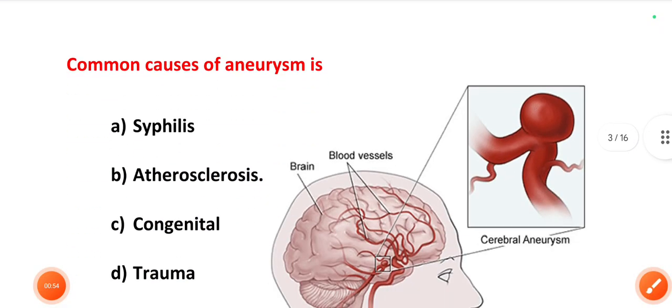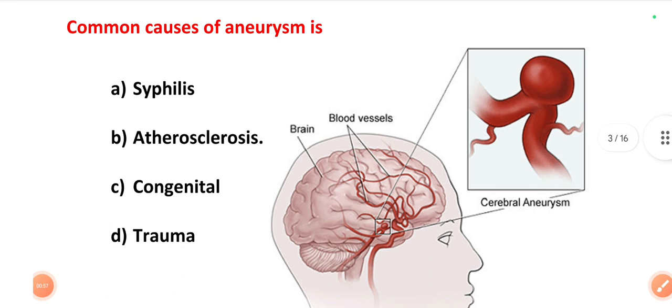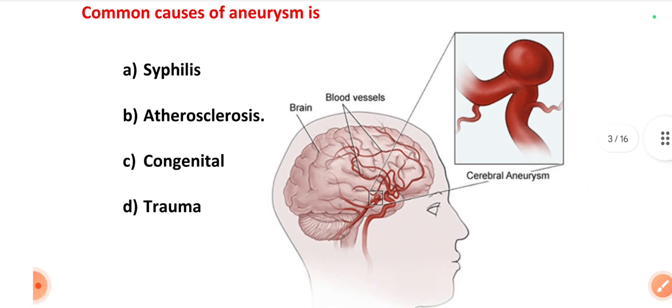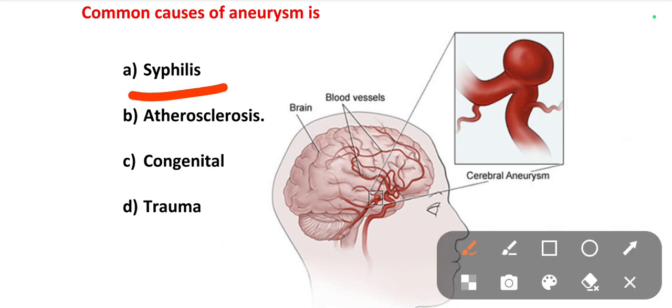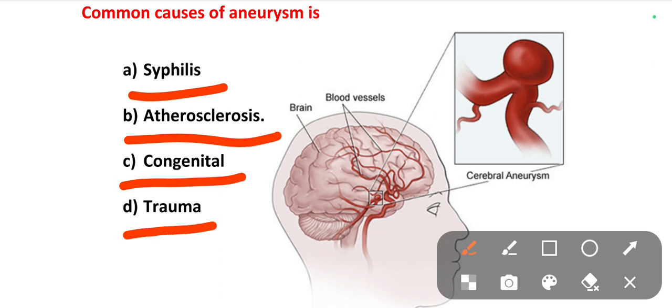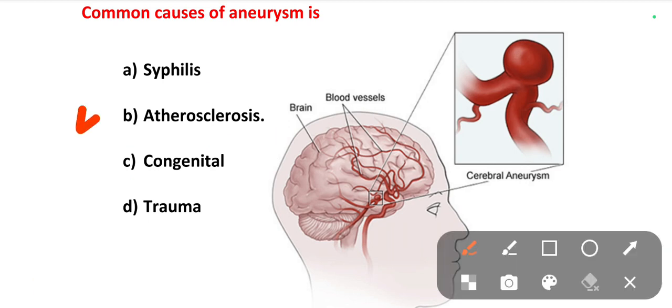The next one is common causes of aneurysm. What is the common cause for aneurysm? Options are syphilis, atherosclerosis, congenital cause, or trauma. Trauma is nothing but injury. The right one is option B, atherosclerosis.